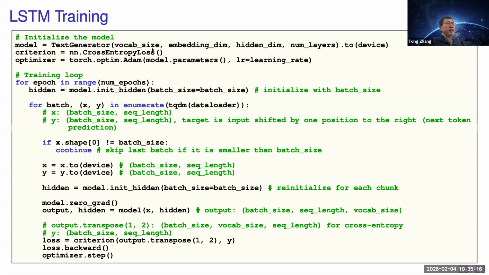So this is a cross entropy loss, right? Not surprising, for each token. This is the model, the text generator, with the vocabulary size and so on. The optimizer is Adam, right? That's what we do. And for the hidden, you first need to initialize your hidden.